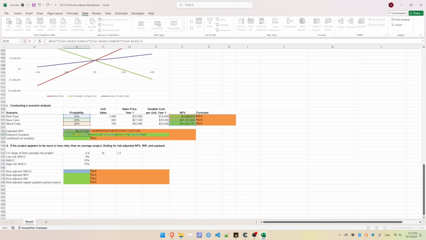That's the variance, and then you have to take the square root of the whole thing. I have to do that. And then the coefficient of variation is just the standard deviation over the expected NPV. That's pretty much it.